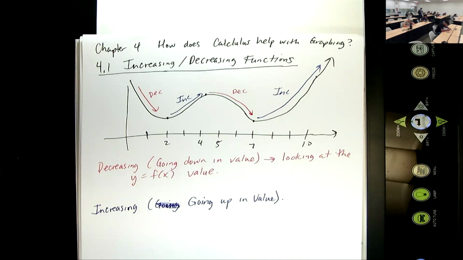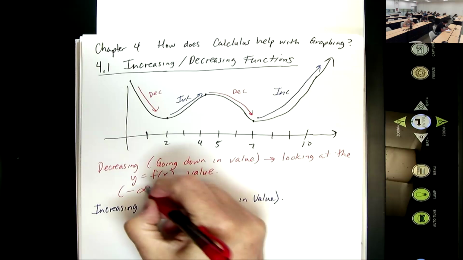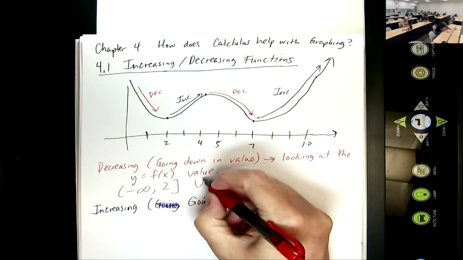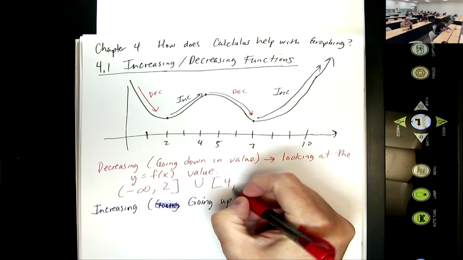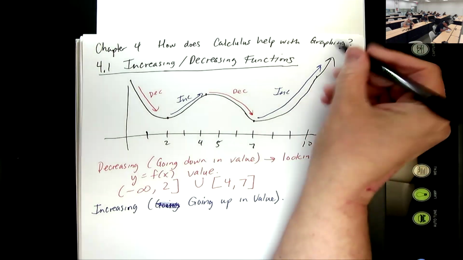So I could say f of x is decreasing on negative infinity up until 2. And it's decreasing from 4 to 7. You know what, let's change the graph after this.